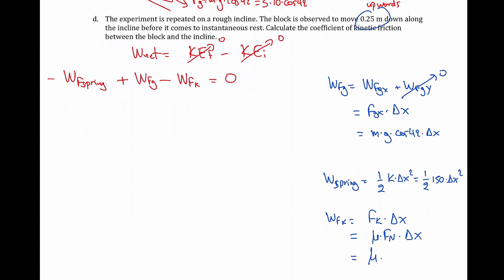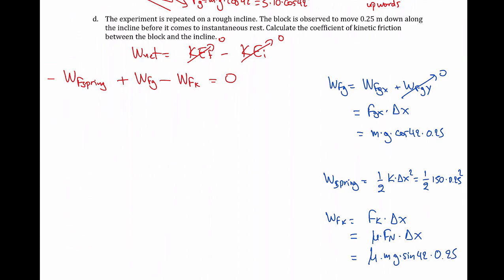The distance is 0.25, so let me add it in the terms. So multiply by 0.25, and 0.25 to the power of 2 for the spring. Now, the normal force is equal to the force of gravity y, which is mass times g times sine of the angle, and the delta x is 0.25.